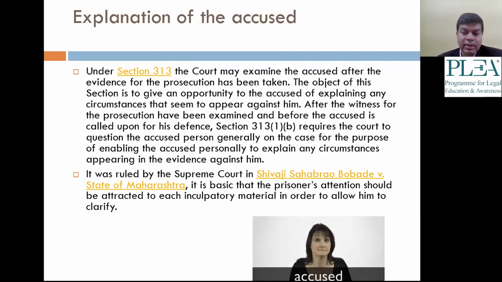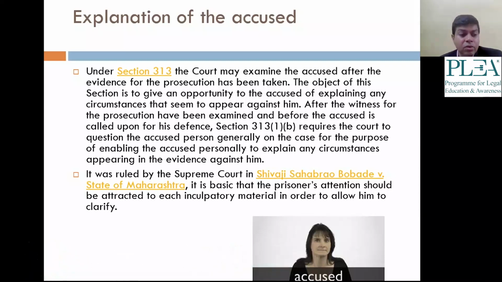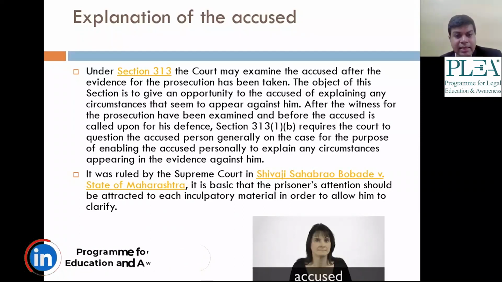Suppose there are many aspects which the counsels may not clarify, and the accused feels the case is not going as per his wish, or thinks some evidence has not been properly produced by the counsels or advocates. Then this opportunity is given to the accused, wherein the judge asks whether he wants to give more evidence or any other evidence which can be good for his defense. This section clearly states that.